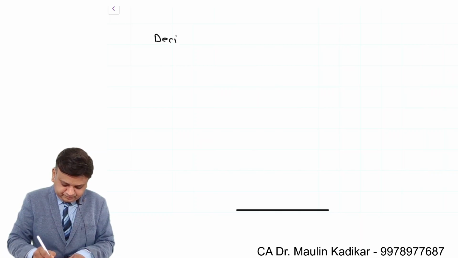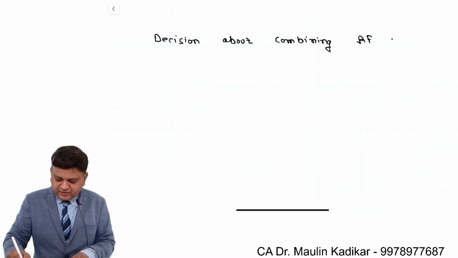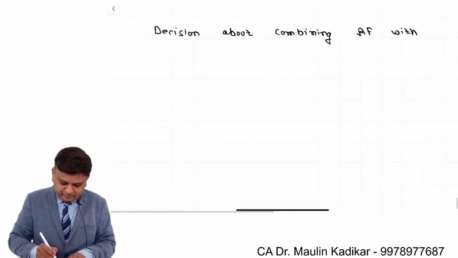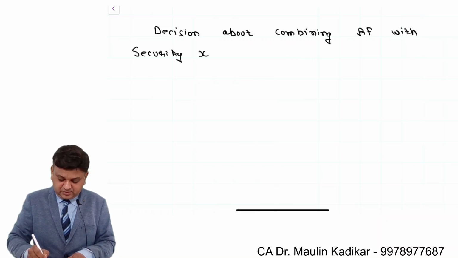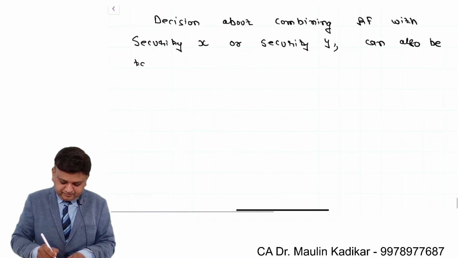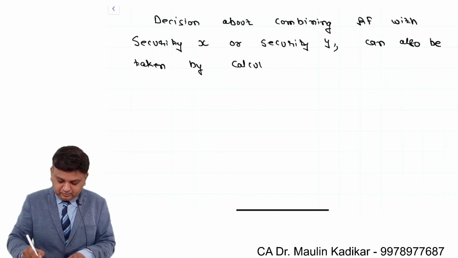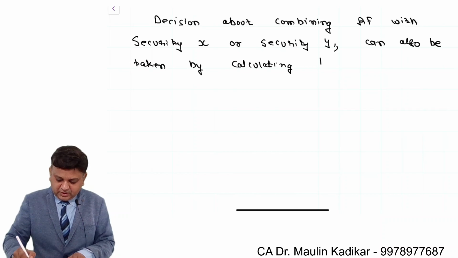Decision about combining RF with security X or security Y can also be taken by calculating Treynor's ratio.